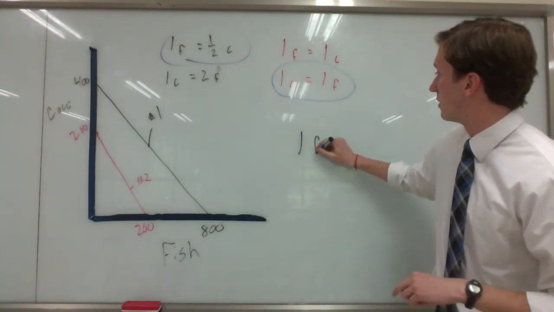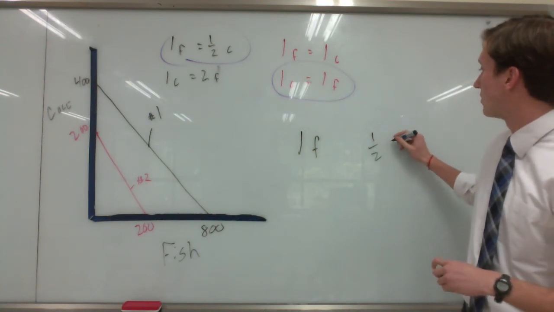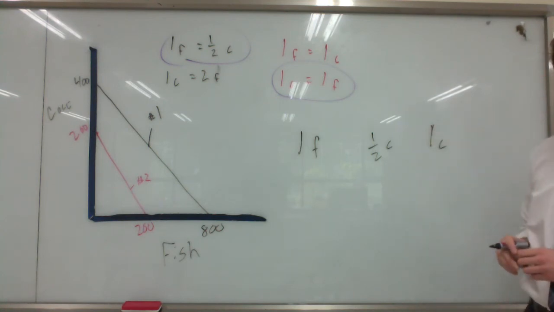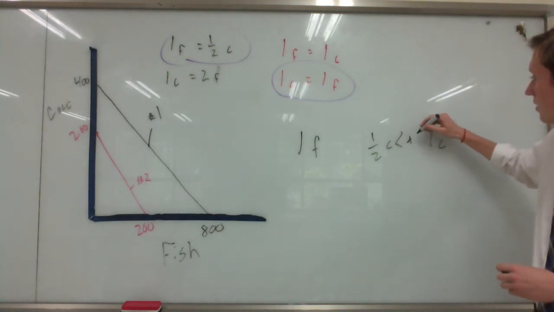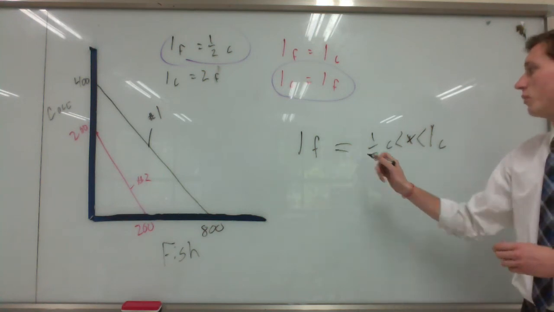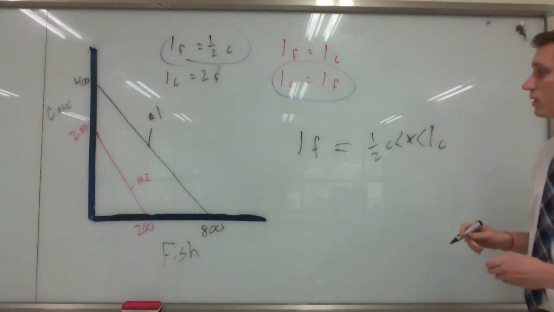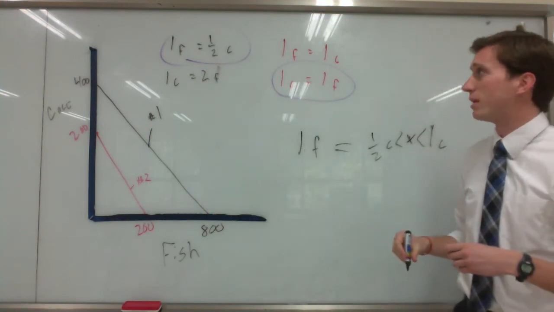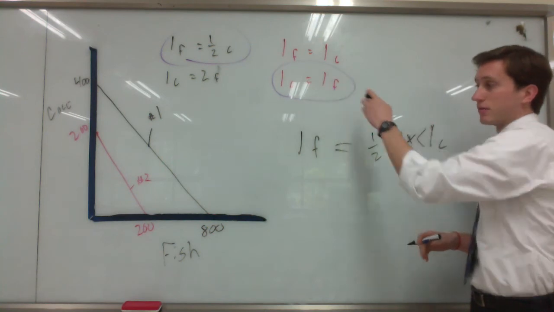So one fish needs to be traded for in between 1/2 of a coconut and one coconut, so some value greater than 1/2 and less than 1. Use X as our trading value. So we'll trade one fish, he's producing fish, for in between this value. Anything over 1/2, he benefits because it's more than he can produce by himself. And anything under 1, this guy benefits.